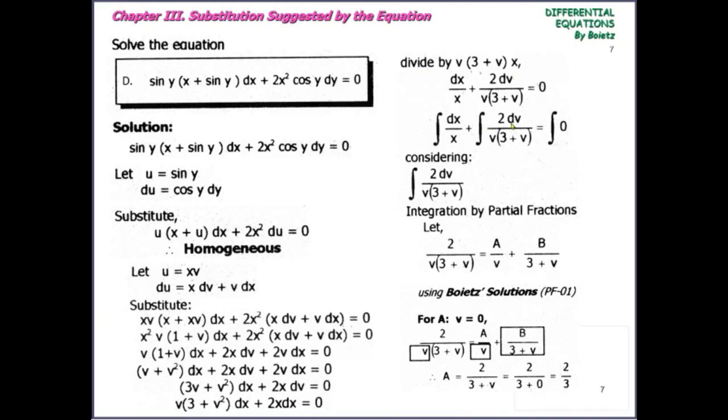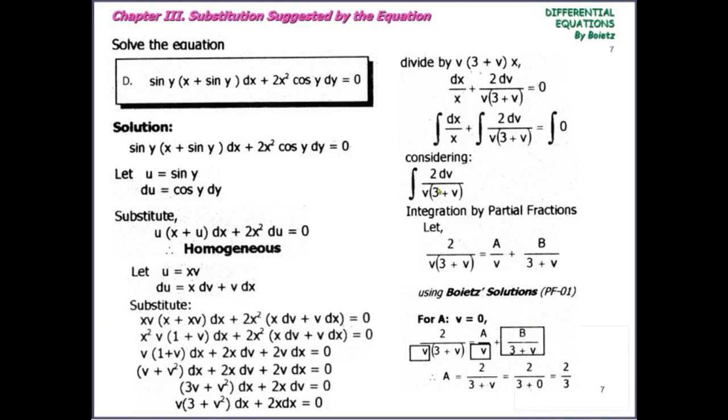Then this will turn out to be a partial fraction. I have a simple method for solving for the coefficients, which we call the takip method. It's just covering up terms.